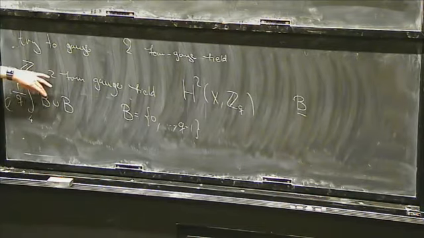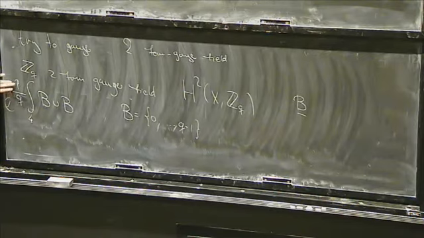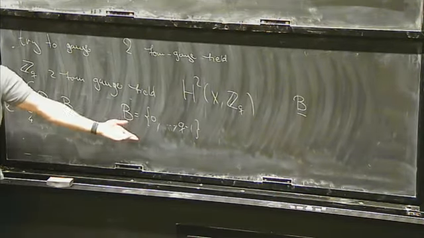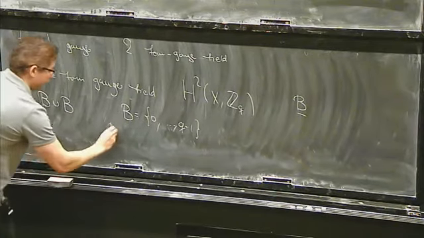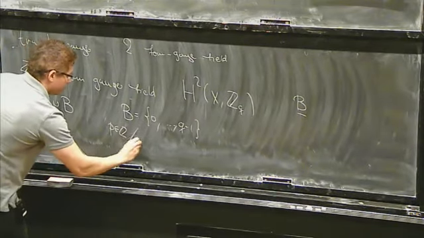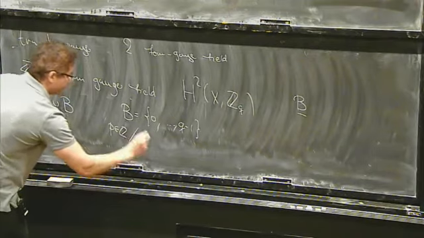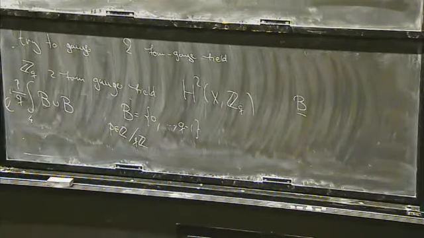Therefore, p has to be an integer. Also, if p is a multiple of q, this is trivial, because it will just take integer values for any configuration of B. So p has to be an integer mod q. So the anomaly is classified by an integer mod q.